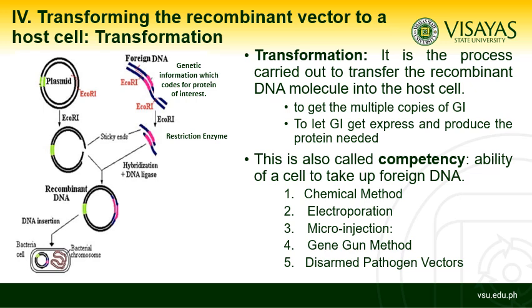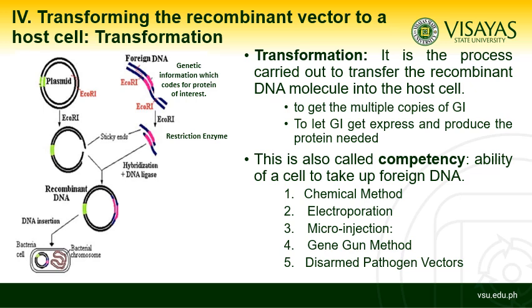We also call it the transformation. So when our recombinant DNA molecule is ready, naka-insert na atong plasmid with inserted gene of interest. If ready na siya, then we need now to introduce it into a living system, which we know as a host. So usually, we use bacteria as a host.